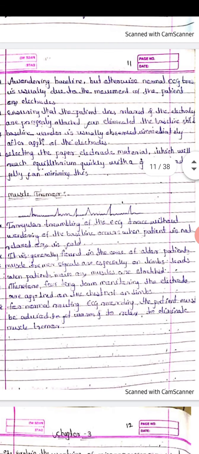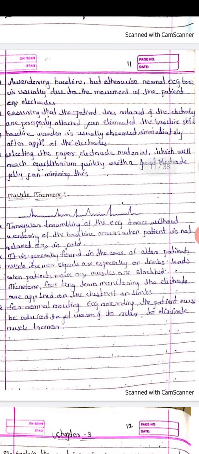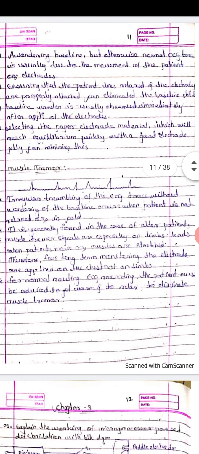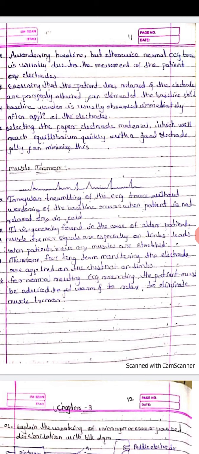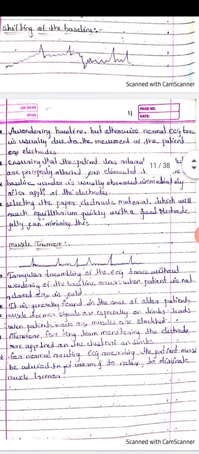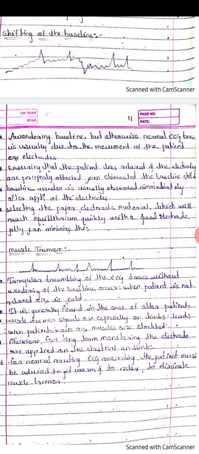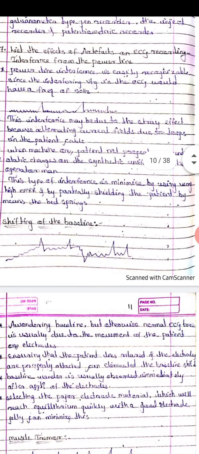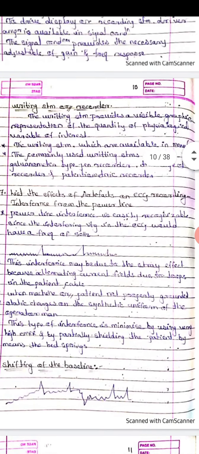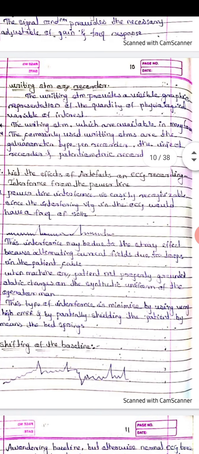In the muscle tremor we get the correct ECG line without the shifting or wandering of the baseline. This occurs if the patient is not relaxed or is cold, so we can suggest the patient relax during the measurement of the ECG. So these are the artifacts we get during the measurement of the ECG.